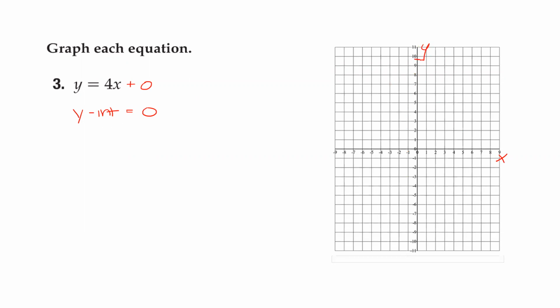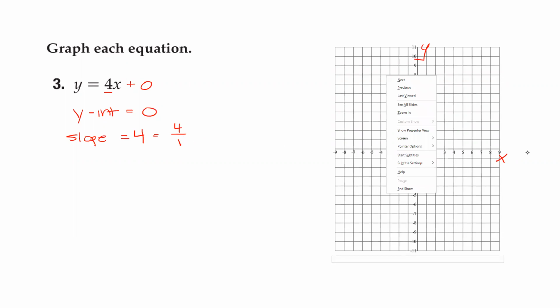It crosses the y-axis at 0, so it crosses here at the origin. And then the slope, because it's in slope-intercept form, is 4, or 4 over 1, so you can draw your line. The rise is 4, the run is 1, so we go up 1, 2, 3, 4, over 1, and put a line there, up 4, over 1.